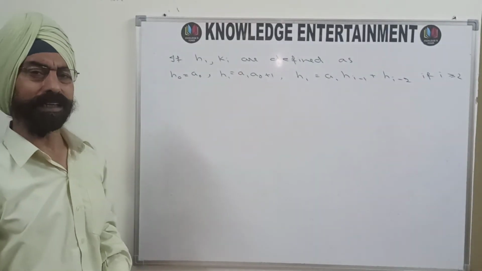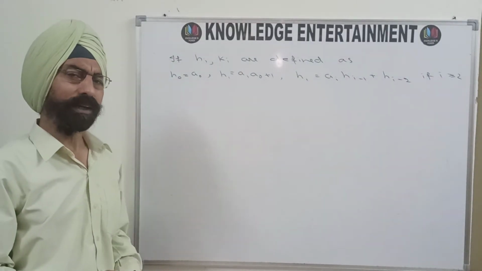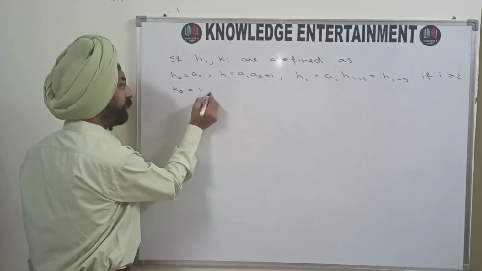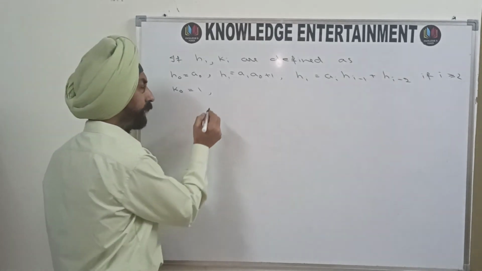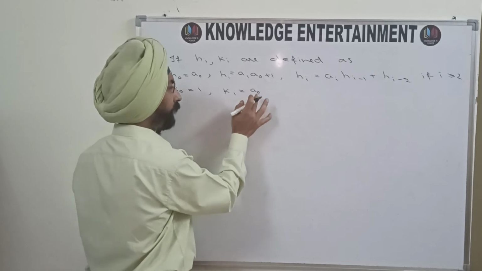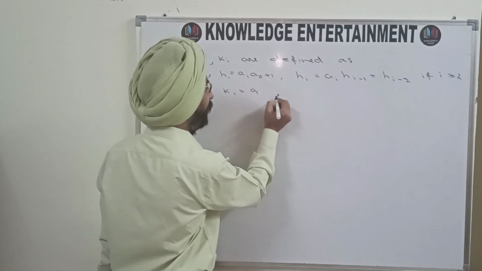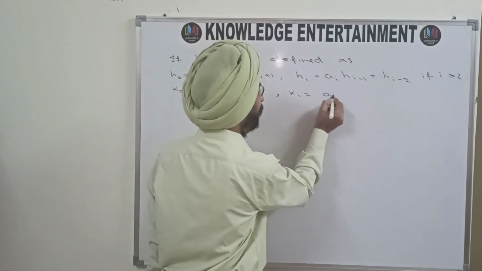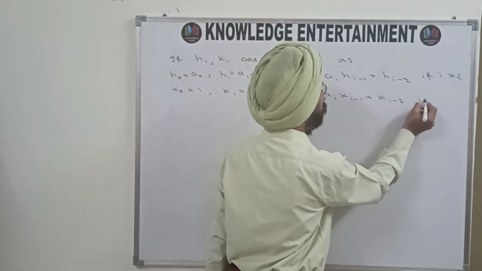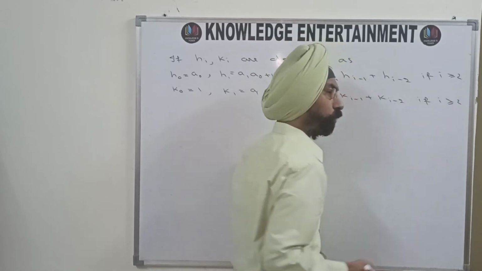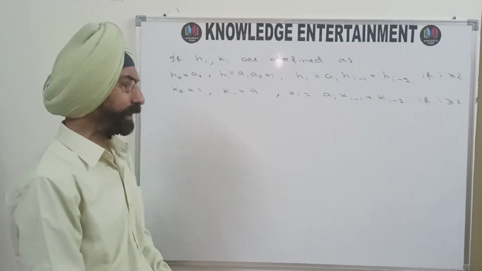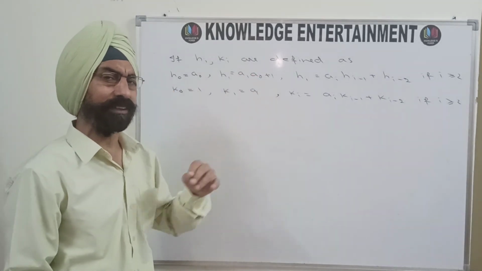You can define it using this recursion formula. And for k, I am going to define k0 as 1, k1 is a1, not a0, a1, and ki is equal to ai ki minus 1 plus ki minus 2, if i is greater than or equal to 2. So we define two new sequences, hi and ki, in this fashion.